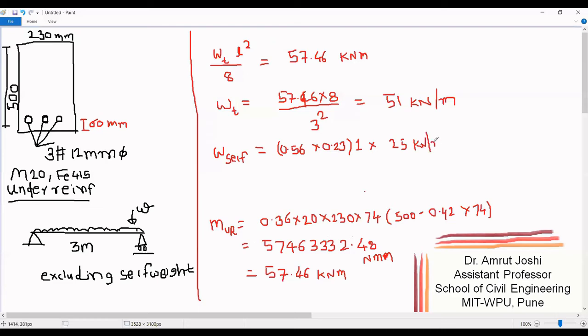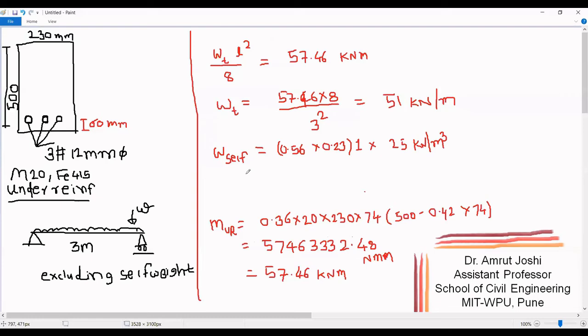This is the weight density of RCC, reinforced concrete. So 25 kilonewton per meter cube into volume of 1 meter length chunk of this beam is going to be this much, and that itself is going to be W due to self weight. It is the intensity of UDL due to self weight per meter run.